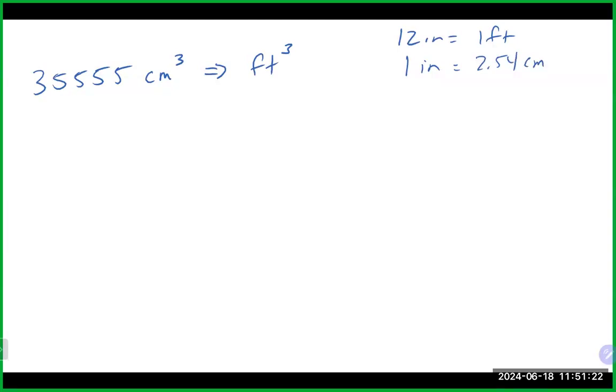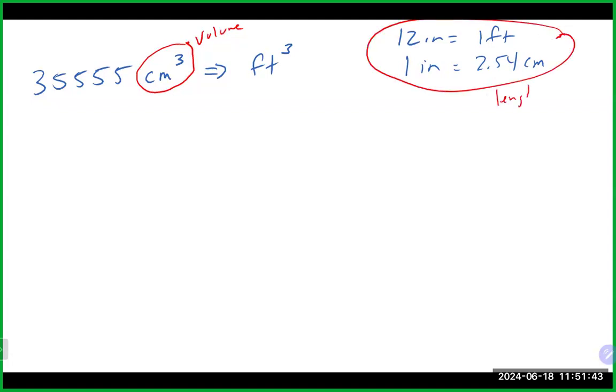Okay, so let's take a look. First off, this is what type of unit? What does it represent? Cubic centimeters, is it a length, a volume? It is a volume, right? These are all length measurements, and we get a volume measurement by taking the length times the width times the height.